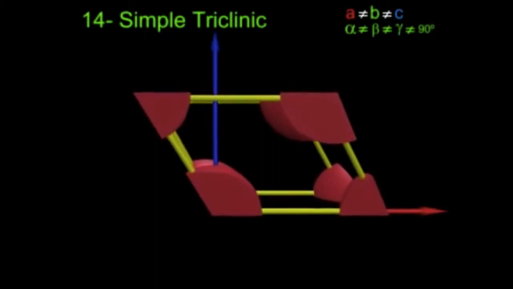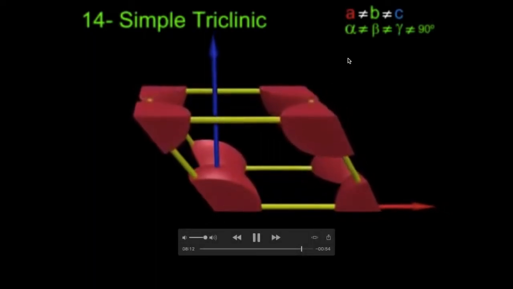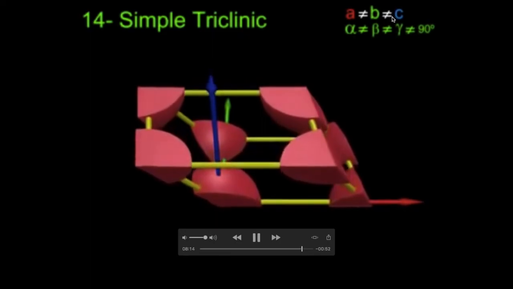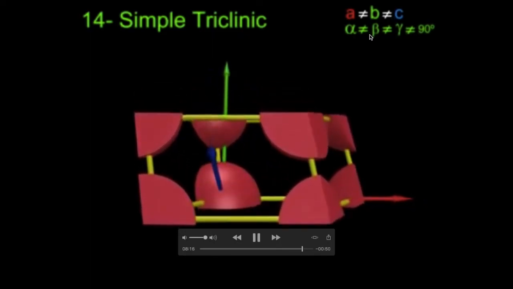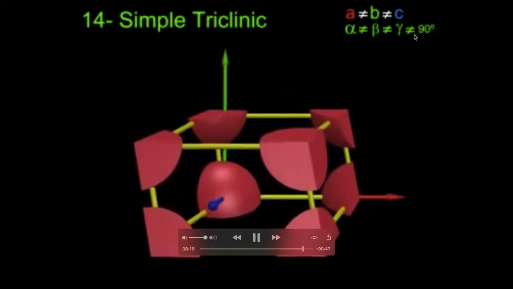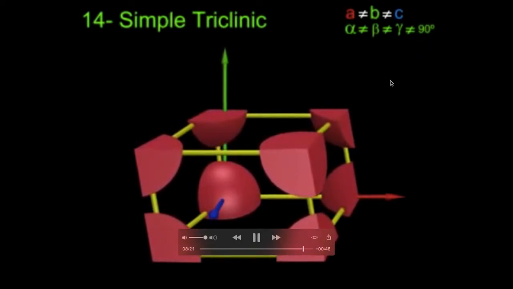Simple triclinic. a is not equal to b is not equal to c and alpha is not equal to beta is not equal to gamma is not equal to 90 degrees.